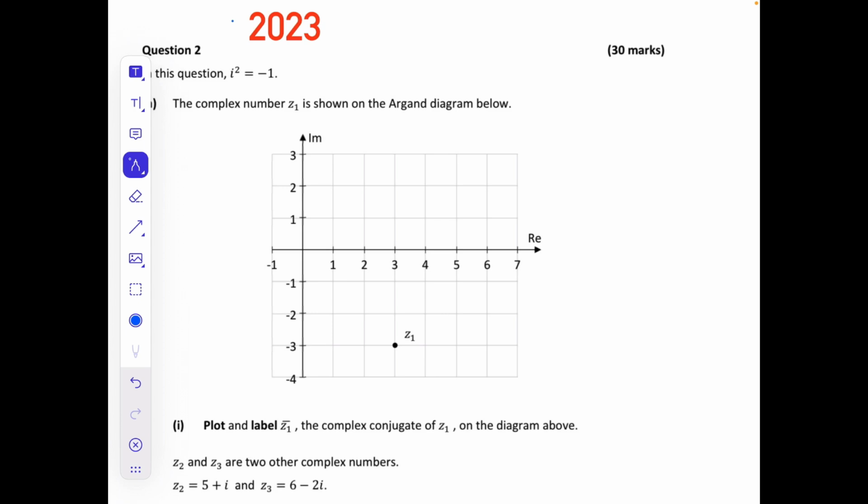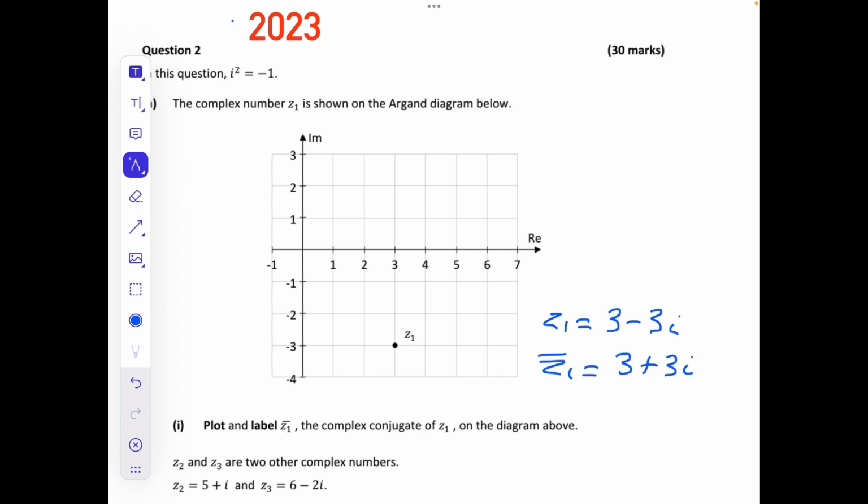But part 1, what it actually says is plot and label Z1 conjugate, the complex conjugate of Z1 on the diagram above. Okay, now an awful lot of words there. I'm going to work out here to the side, and I'm going to say that Z1 is equal to 3 minus 3i. Now, they haven't asked me for that, but they've said something about the conjugate of Z1, so I can just make a note here.